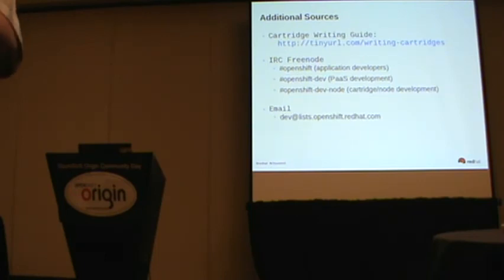What we did was, if you look through the V1 cartridges, there was a lot of redundant code called in those bash libraries. We pulled all that up into Ruby and wrote this platform layer. So we went from a really thin platform layer on the node to a good-sized thick one, and all that common code's up there.